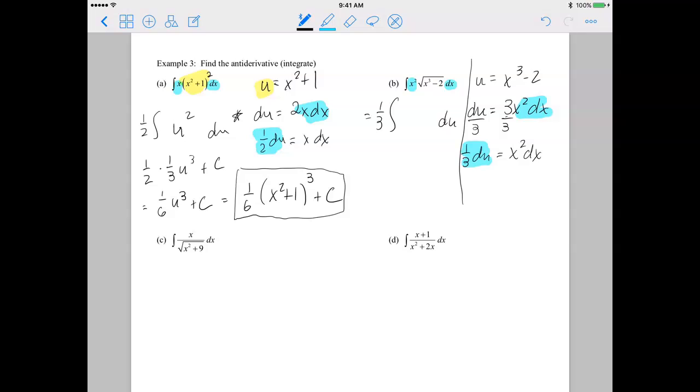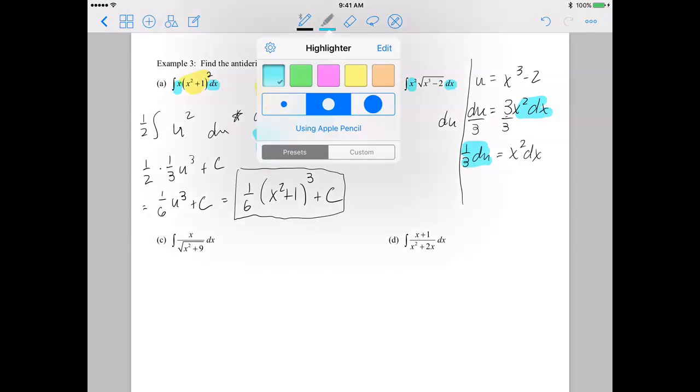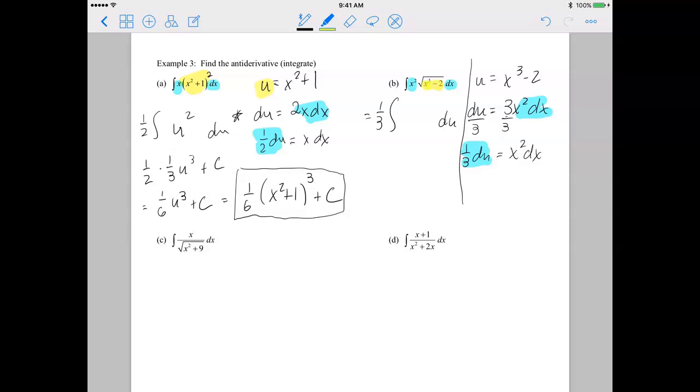And then for the yellow piece, for this piece under here, that's going to get replaced with u. But that is underneath a square root, and so I'm going to rewrite that as u to the 1/2 power. Once I get that done, now I need to take the antiderivative of u to the 1/2.